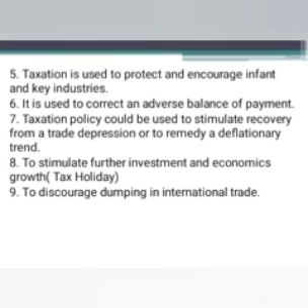The fifth one is this: tax is used to protect and encourage infant industries. Now, when we talk about protecting and encouraging infant industries, these are industries that are still young. These are industries that can compete favorably with international industries. So, some of them are local industries.